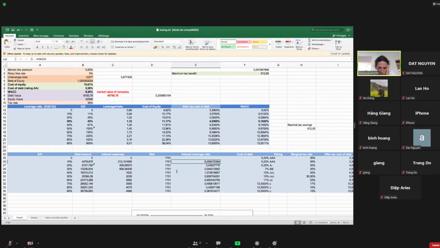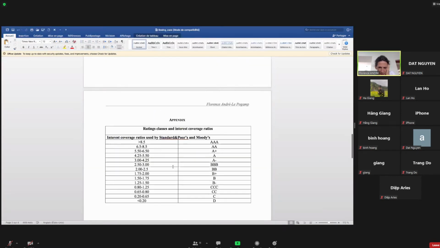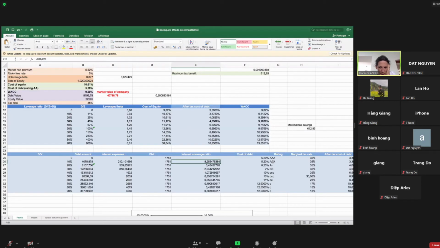If we look at the appendix, with 8.25 we are not able to have the rating AAA, but we have the rating AA. You understand? We have the rating AA and not AAA. So I come back and I will put AA.